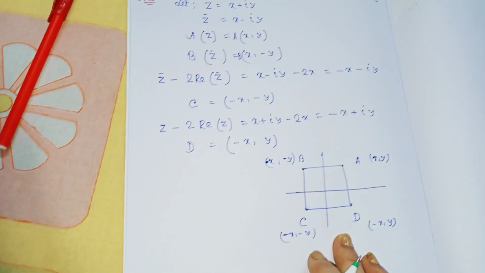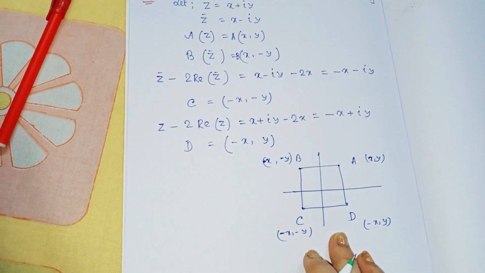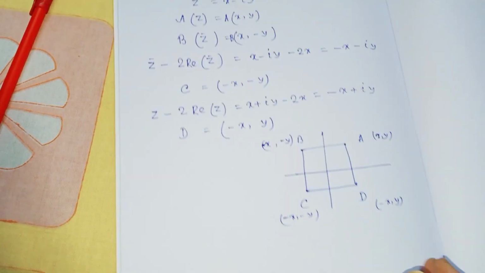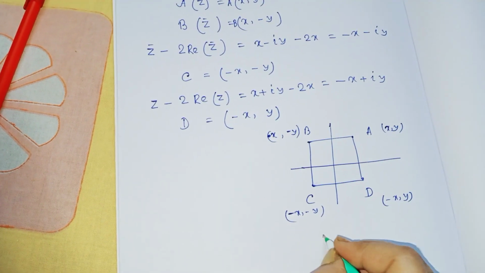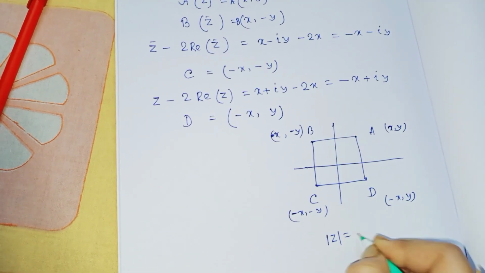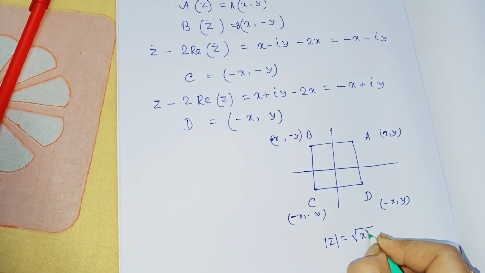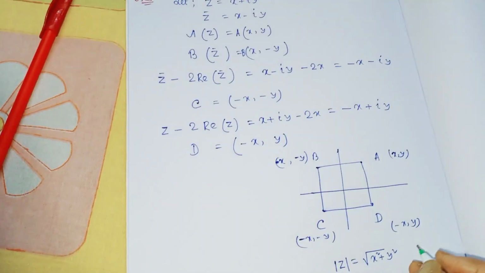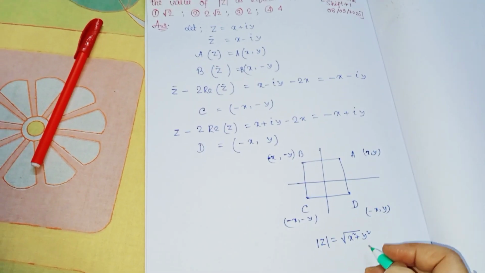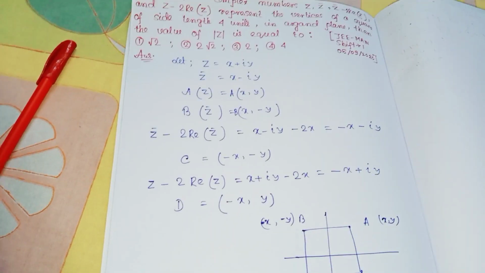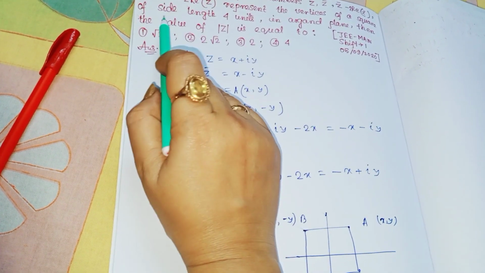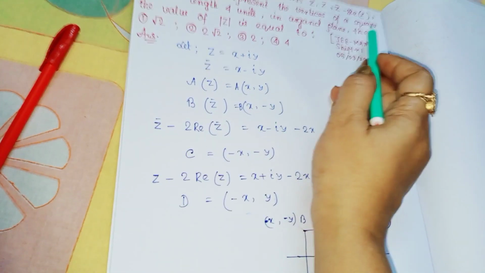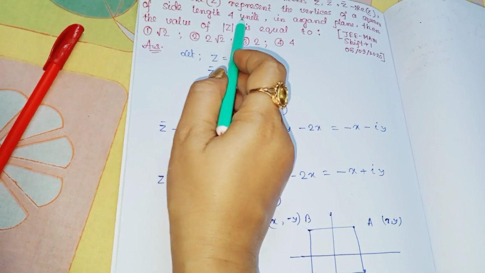So we know mod of z is equal to root of x square plus y square. We should calculate using the vertices of the square, whose side length is 4 units.